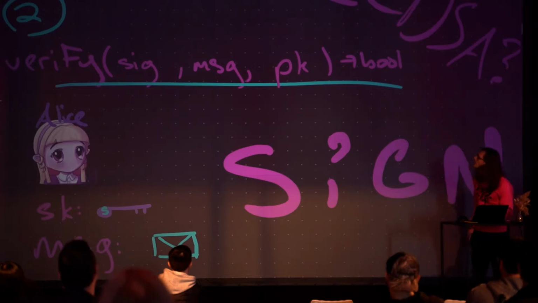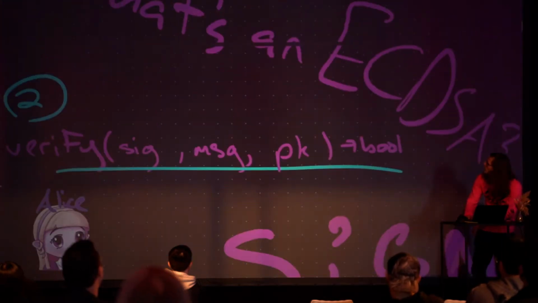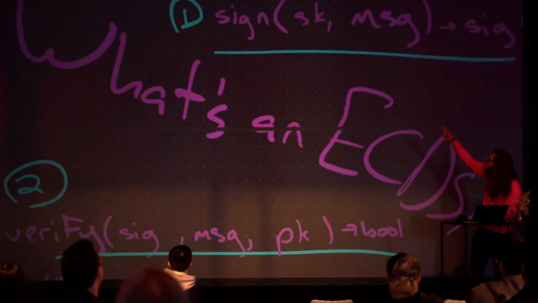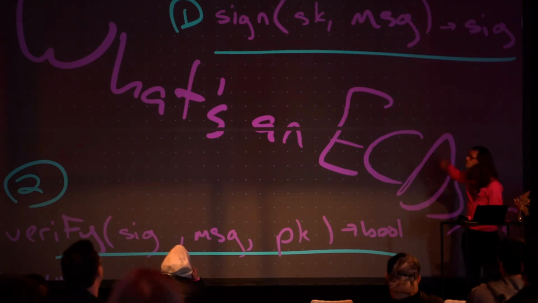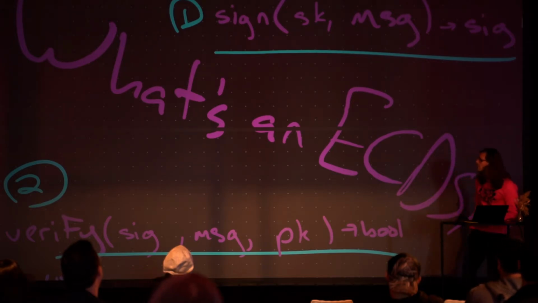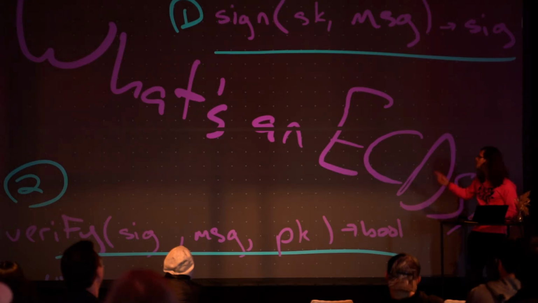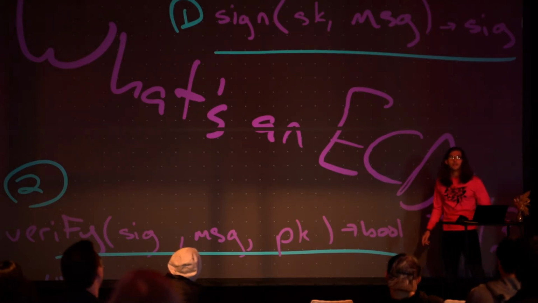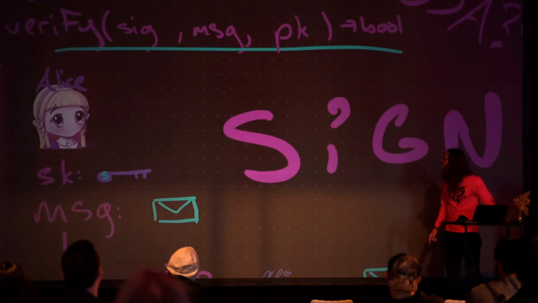So we have two protocols. We have a signing protocol, which is sign using some secret key on some message, which produces a signature. And then we have a verify protocol, which is you verify some signature on some message using the user's public key, and it says, yeah, that is the user, or no, that's someone else.